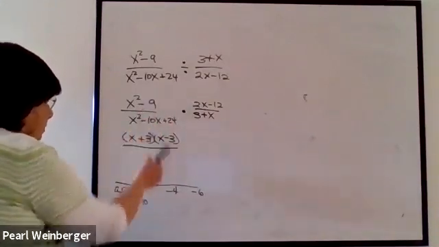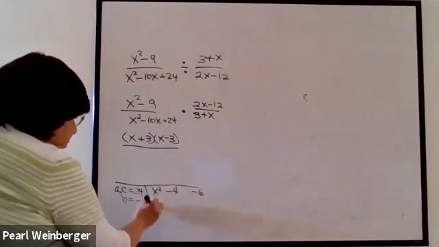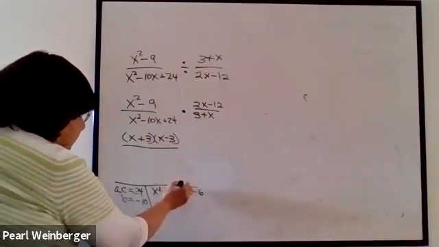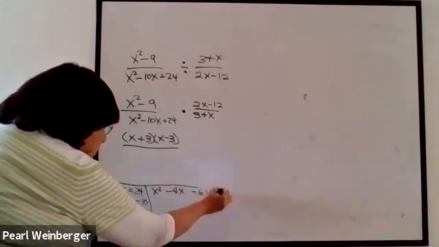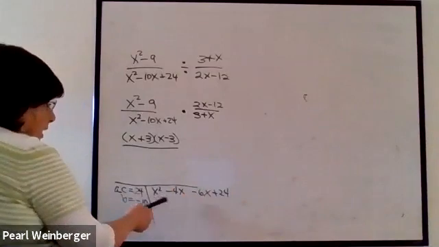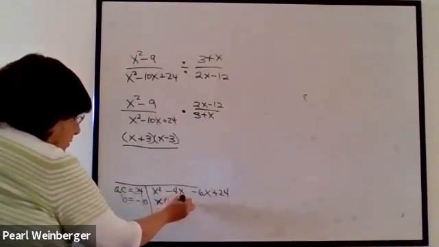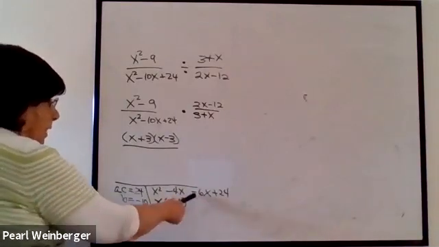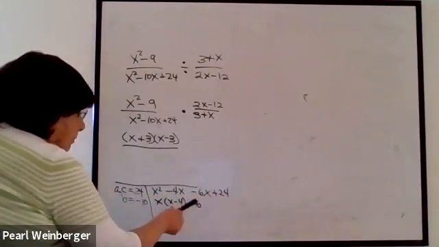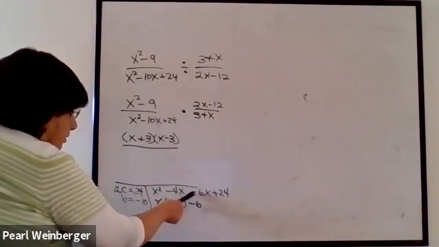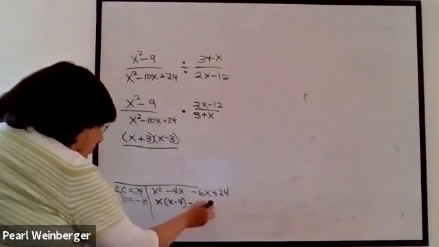So rewriting this will give me my x squared minus my 4x minus my 6x plus 24. And my first group will have a common factor of x, so that'll give me x times x minus 4. And my second group has a -6 as a common factor because it starts with a negative and 6 goes into both of them, so that'll give me x.